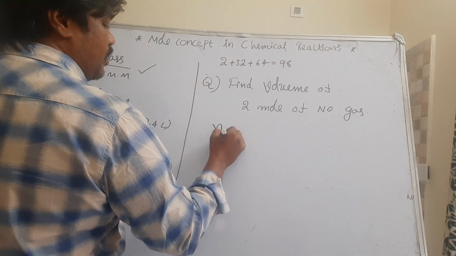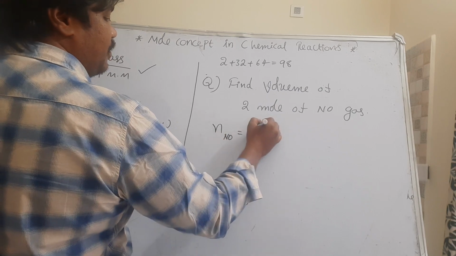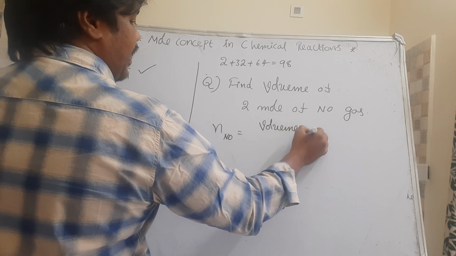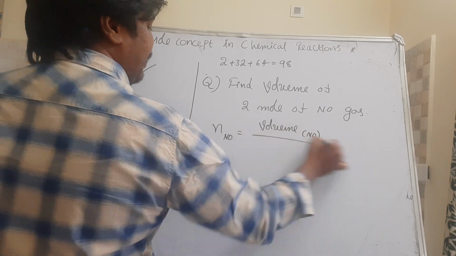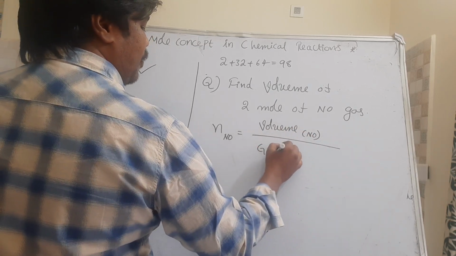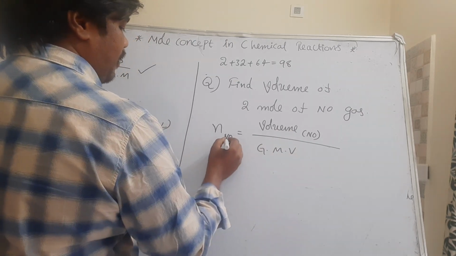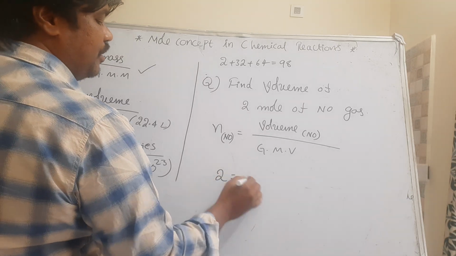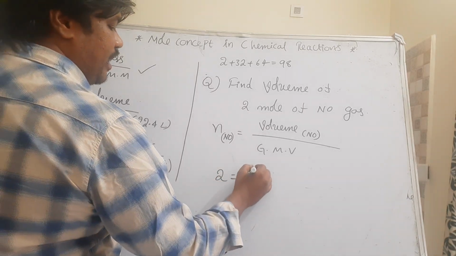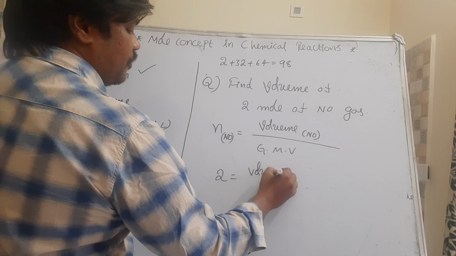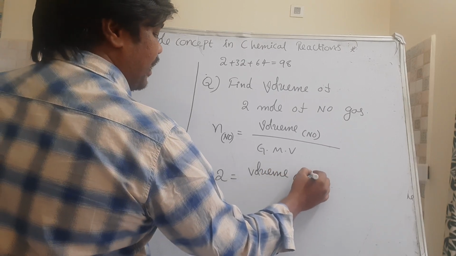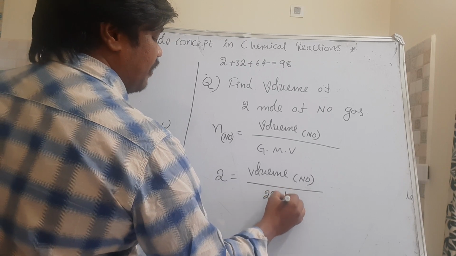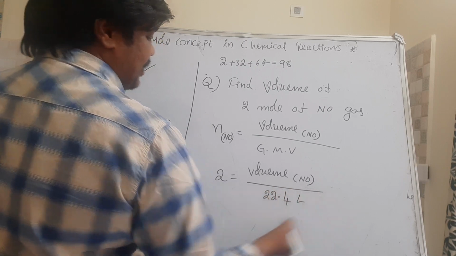So number of moles of NO gas is equal to volume of NO gas divided by gram molar volume. In the problem they are giving 2 moles, and the volume of NO gas we have to find out, divided by gram molar volume, which is 22.4 liters at STP.